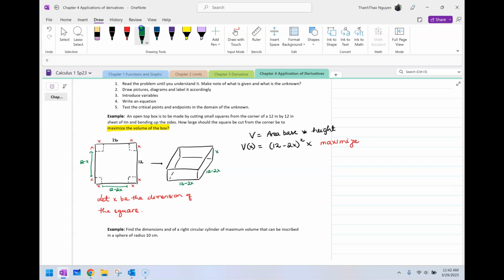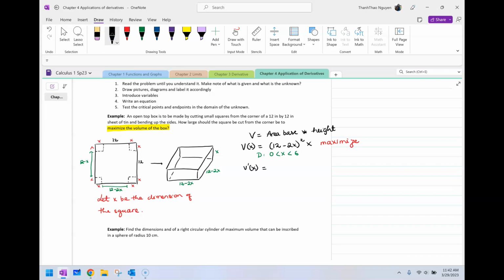So the domain of V is between 0 and 12. Excuse me, you're going to have to cut from both sides of the tin, so this should be from 0 to 6 instead. Okay, so let's take a look at the derivative.